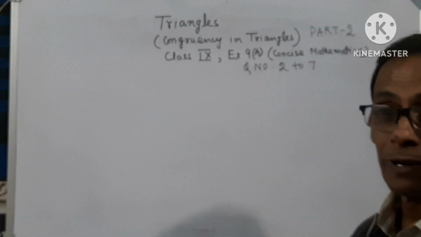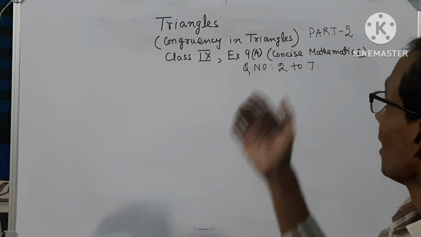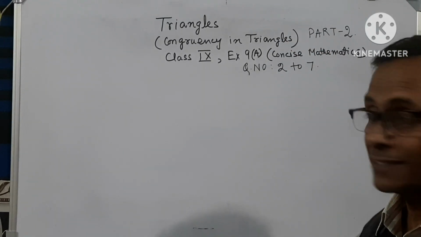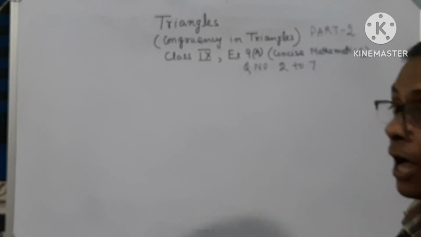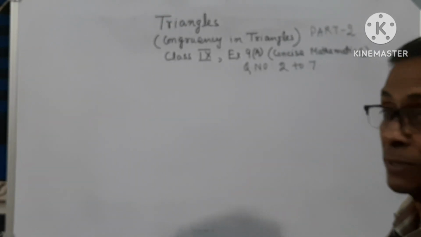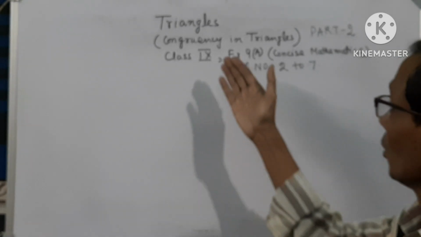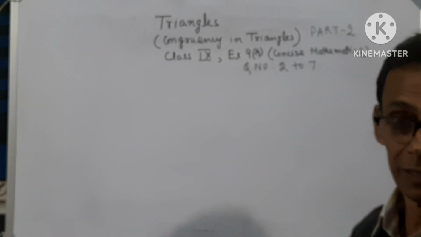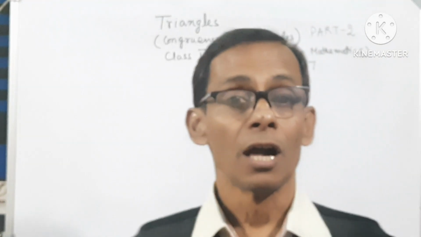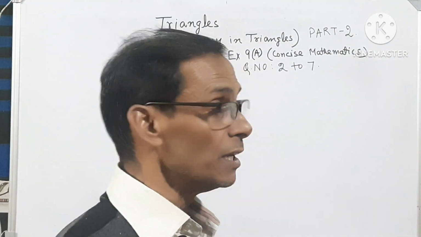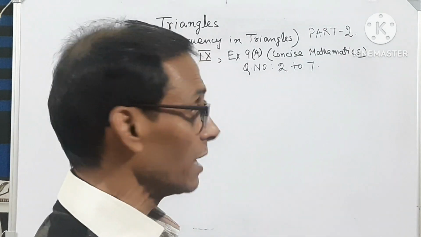Children, we were continuing congruency in triangles. We have already done part 1. In that we have given some brief introduction of what congruency means, and we have seen different criteria of how congruency happens between two triangles.